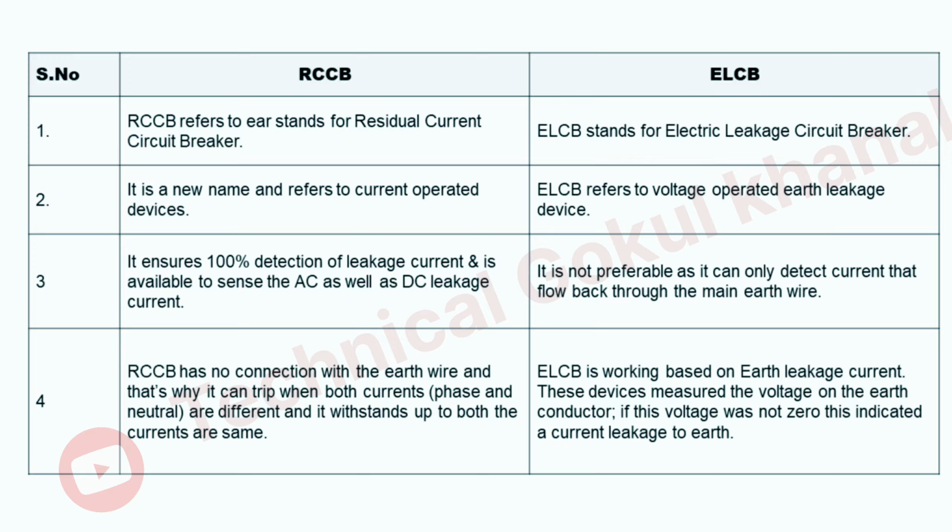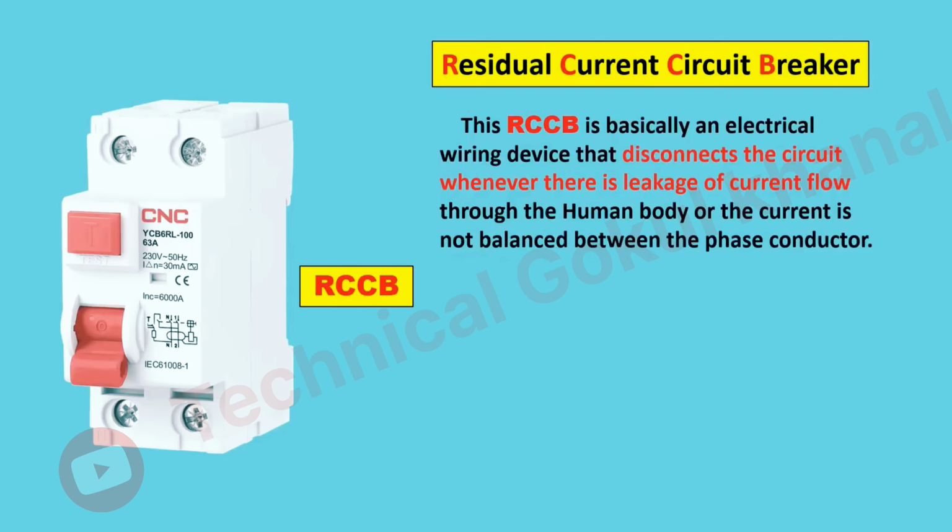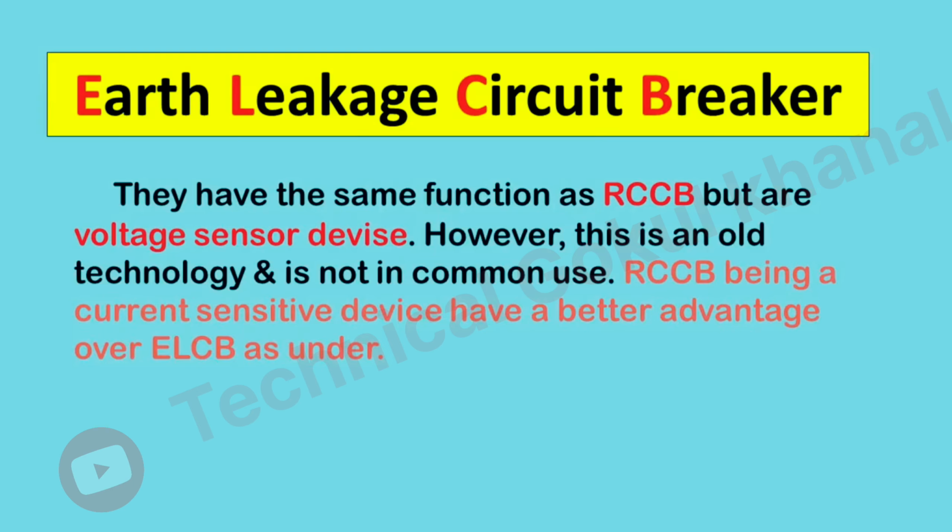For now, just understand that both RCCB and ELCB are a type of device which provides protection from electric shocks and earth fault. If you go to market to buy a ELCB, then it is possible that you can't find it.